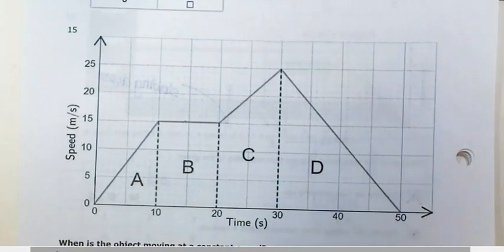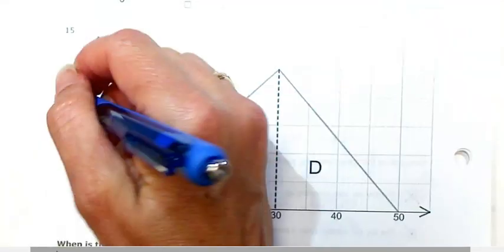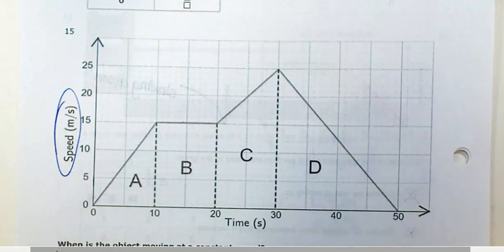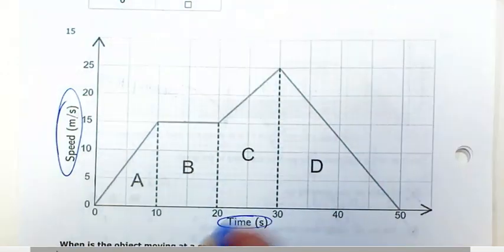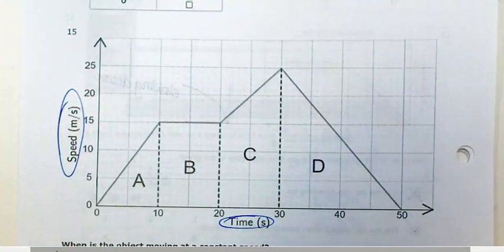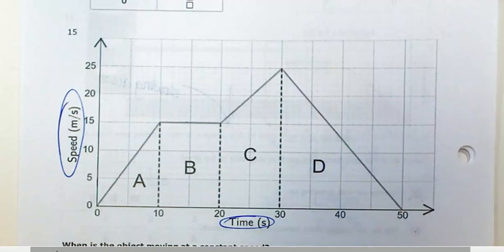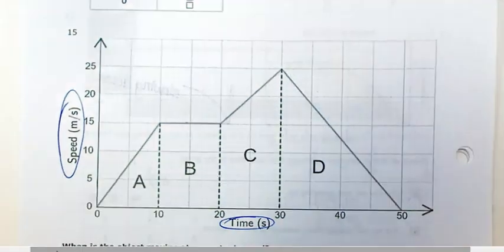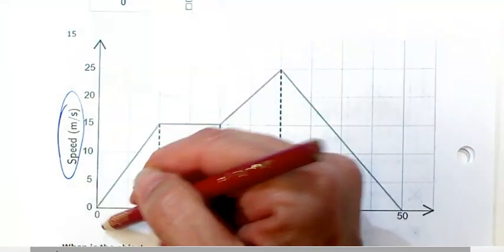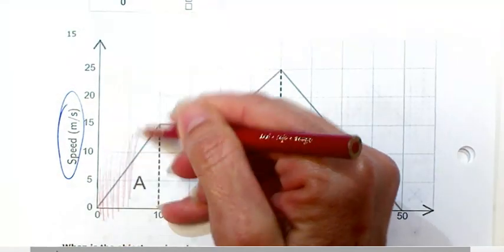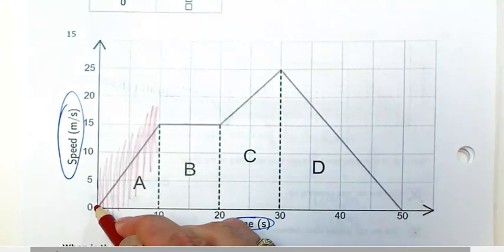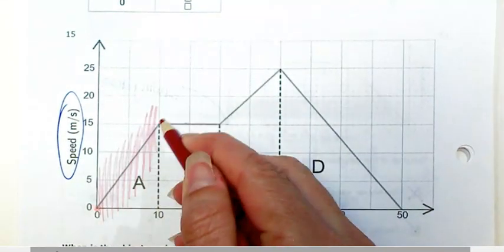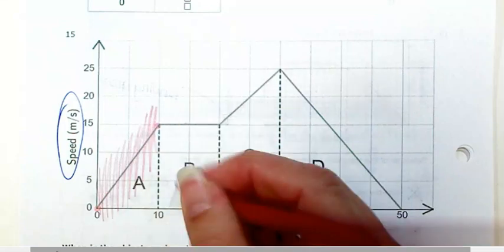Okay, number 15, a lovely graph. This time the graph has speed on the y-axis and time on the x-axis. When is the object moving at constant speed? Okay, guys, we've got to look one part at a time. Here, it started at a speed of 0, and by the end of this interval, it was going a speed of 15.